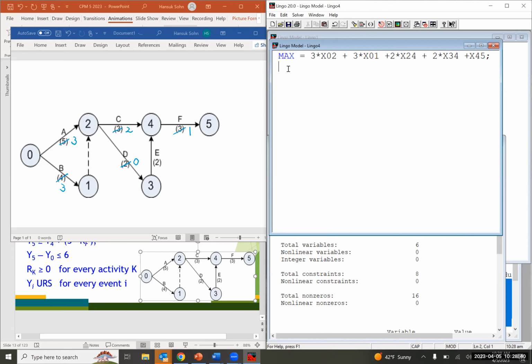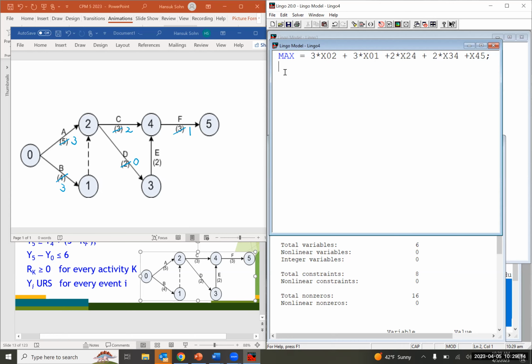Okay, and if you remember the constraints of the dual LP, the conservation of flow equations for this AOA network, the left-hand side of each constraint is going to be inflow minus outflow, right? For each event, for each node. So regarding node number 0, event number 0, there is no inflow, but we have 2 outflows.